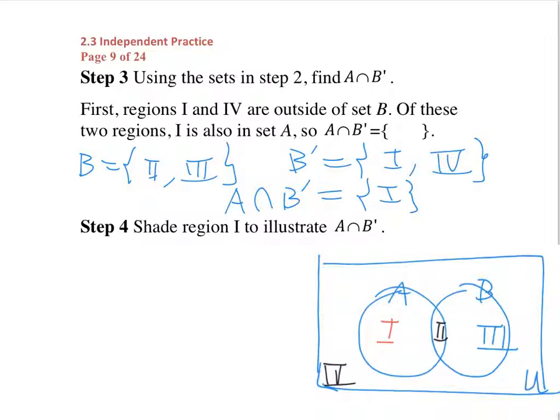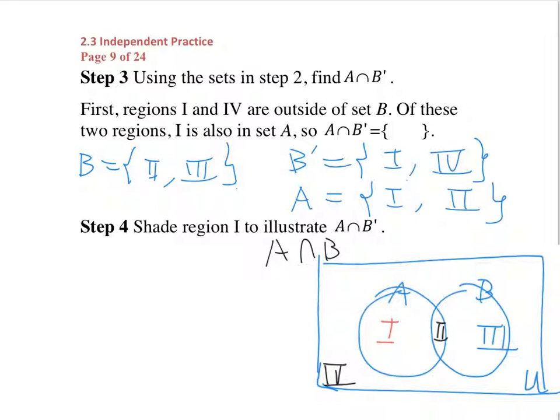Let me write it this way. In the last unit, this is what I said: in order to find the intersection, I like to write A is 1 and 2. Now I'm going to use my black ink to write at the bottom A intersect B prime. If we look at these two, the only thing that's intersecting is region 1, and that's our answer right there.